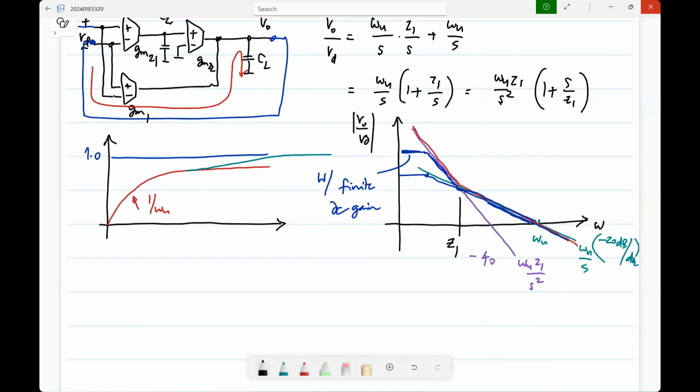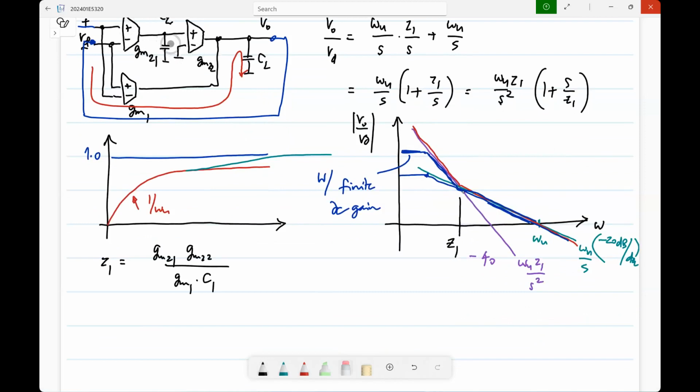So Z1 basically turns out to be, right, the gain of the first part is GM21 by SC2.